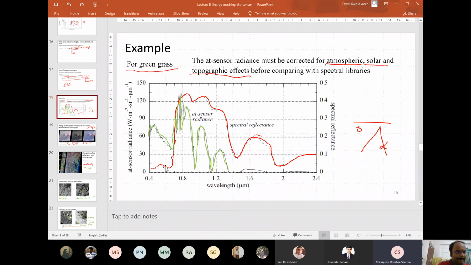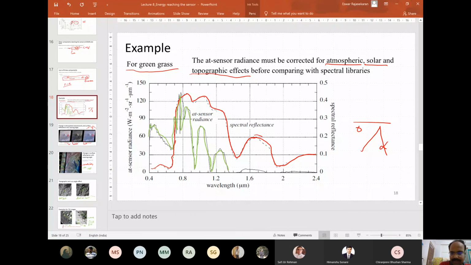Okay, that is because of path radiance. Whatever the surface is reflecting is the surface reflectance, but path radiance is an additive component. It will add energy to it. Path radiance is nothing but scattered energy, and we know that a larger amount of scattering will happen at lower wavelengths.